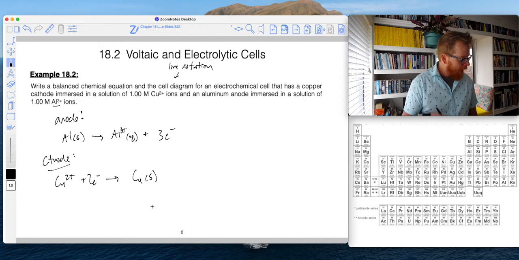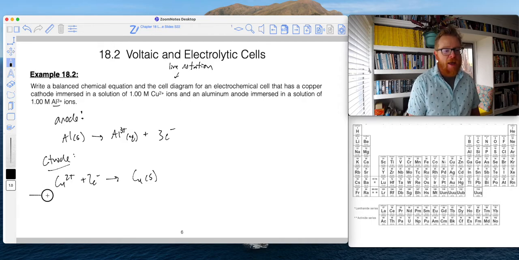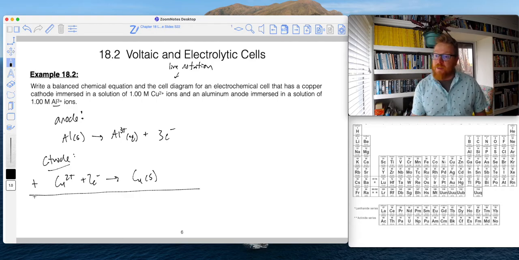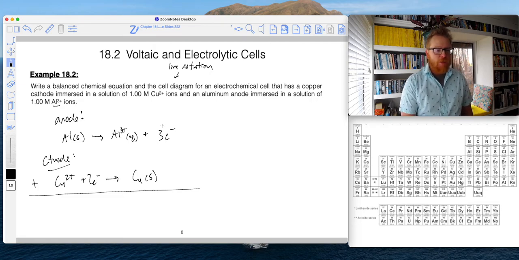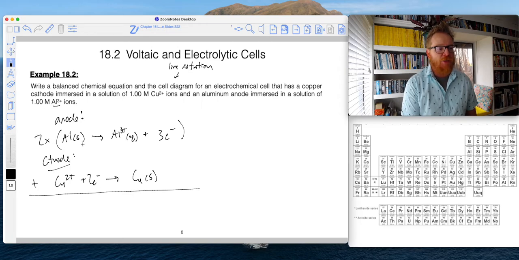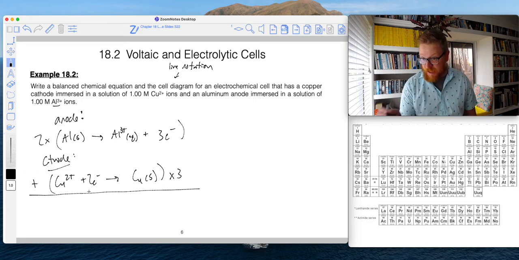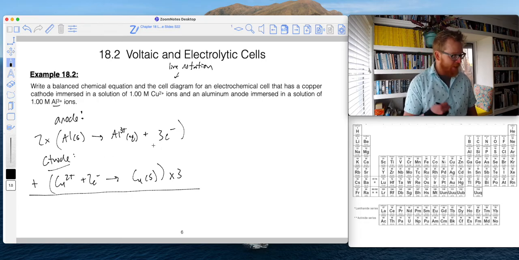Okay. And we need to balance these, and we're going to do that the same way that we did before, where we want to balance the electrons so that they cancel. So I want to multiply this half by 2, and that will give me 6 electrons. And I want to multiply this half by 3, and that will also give me 6 electrons. So the 6 electrons will cancel with the 6 electrons here.